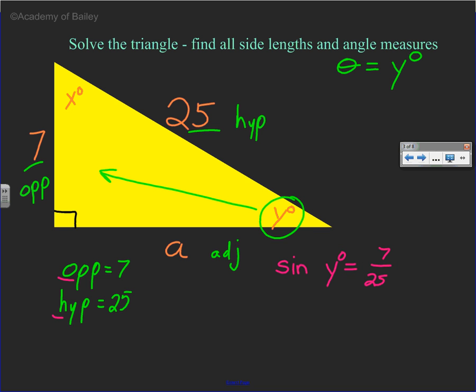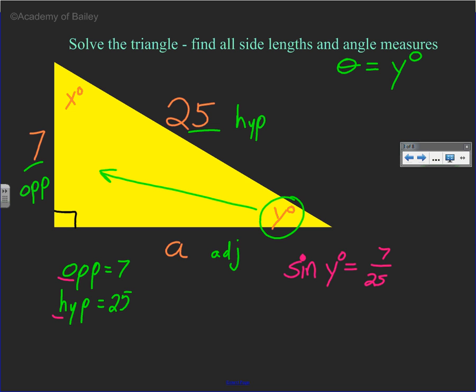So sine of y is equal to 7 over 25. Now we need to get y by itself. Well, a lot of you might think that it's a multiplication sign right here between sine and y, and that is not the case. Okay, it is not sine times y. Sine always has to have a value with it, and the value with it now is y. So we have to figure out how to get rid of sine.